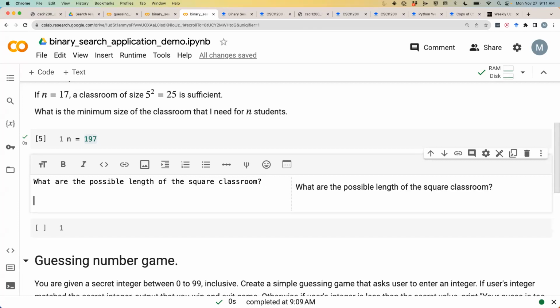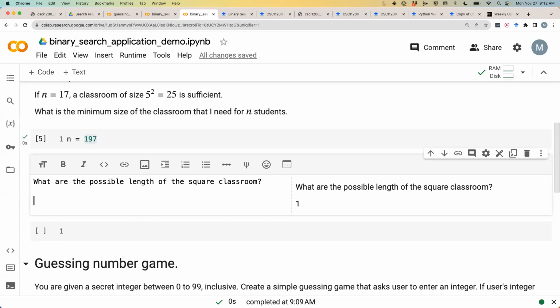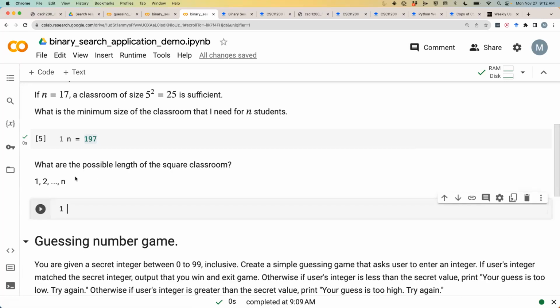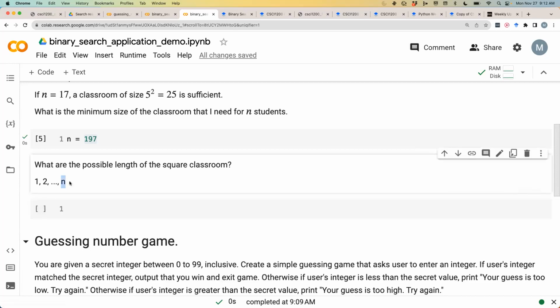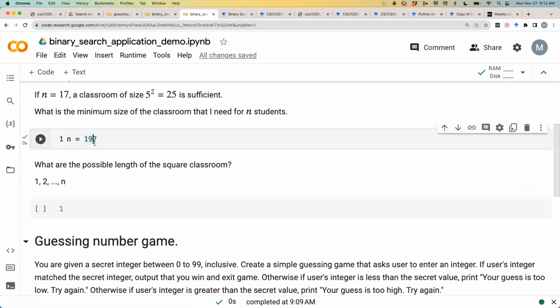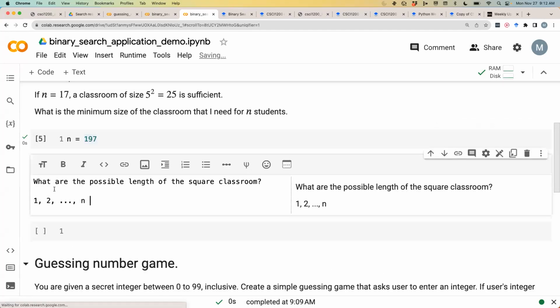If you have 197 students, the possible length of the square classroom will be from 1, it can be 2, and so on, all the way to n itself. You can have a classroom of length n, which is 197. It can accommodate n squared students, but it's enough to cover 197. So these are all the possible lengths. It doesn't have to be that much. It can be lower than that.